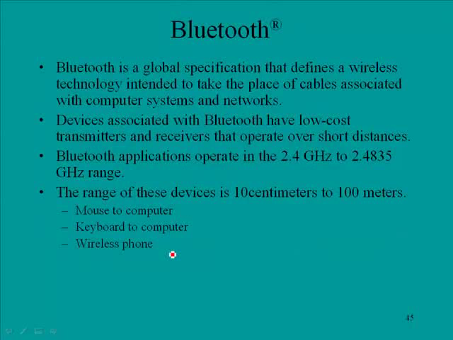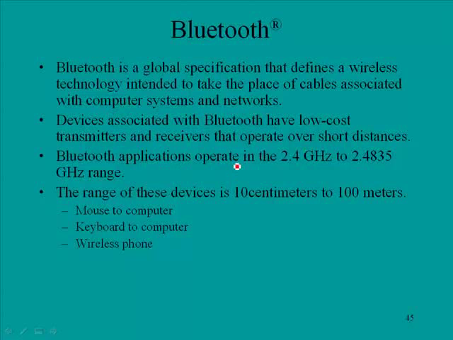Bluetooth is a global specification that defines a wireless technology intended to take the place of cables associated with computer systems and networks. Devices associated with Bluetooth have low-cost transmitters and receivers that operate over short distances. And keep in mind, this is over very short distances.